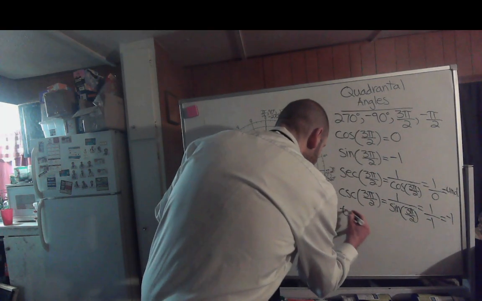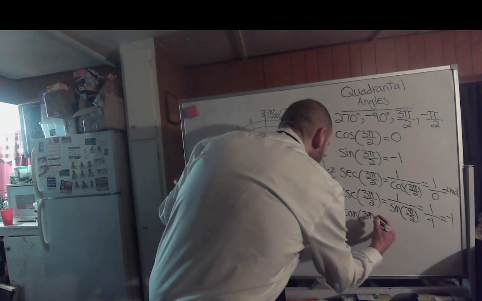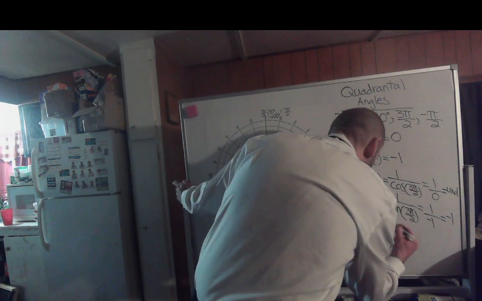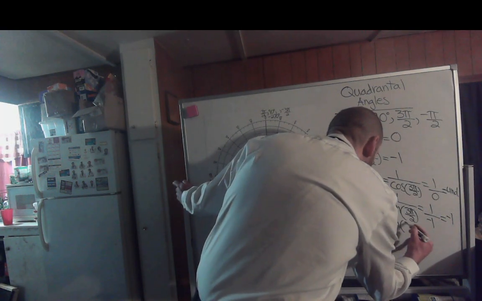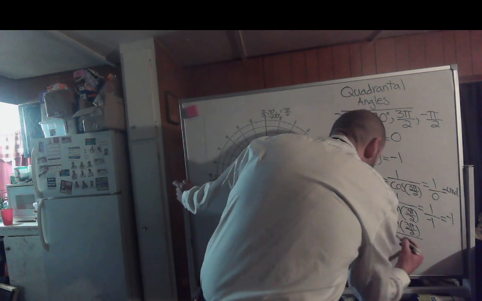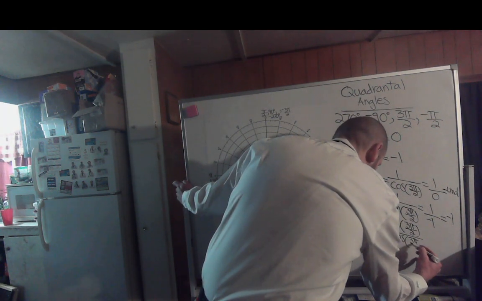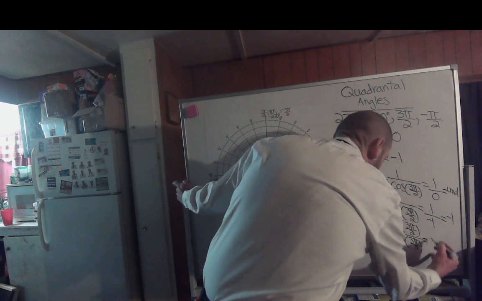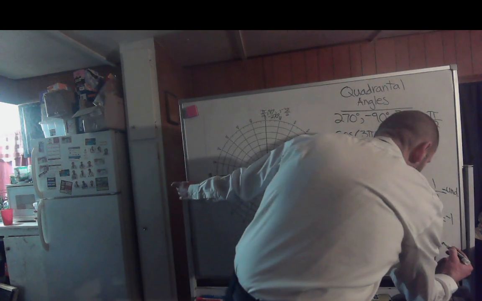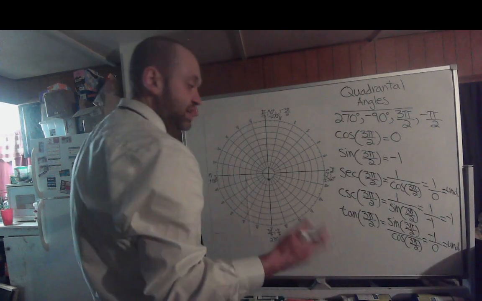Now let's look for the tangent of 3 pi over 2. That's going to be the same as the sine of 3 pi over 2 divided by the cosine of 3 pi over 2, which would give you -1 divided by 0, which means your tangent is undefined at 3 pi over 2. So the tangent's not defined there.